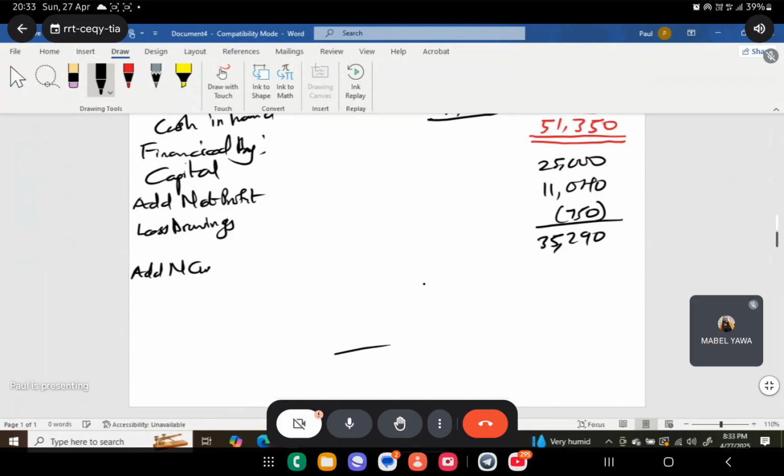So we say add non-current liabilities. So the non-current liability here is the 10% loan, which is 10,000.